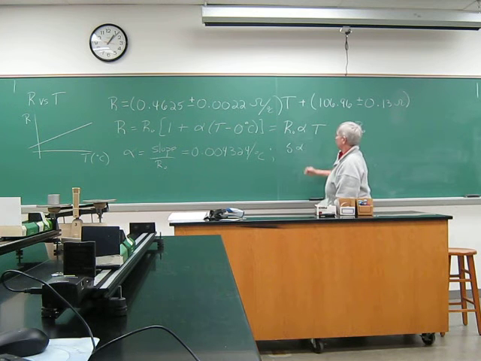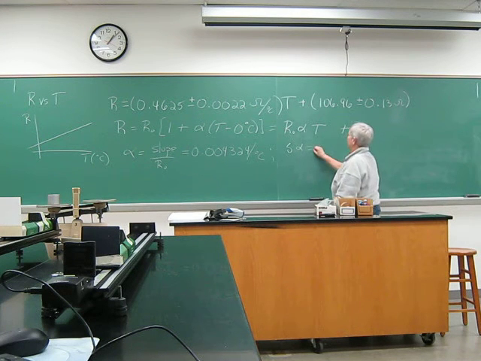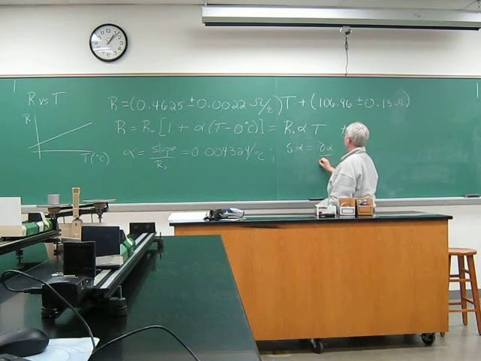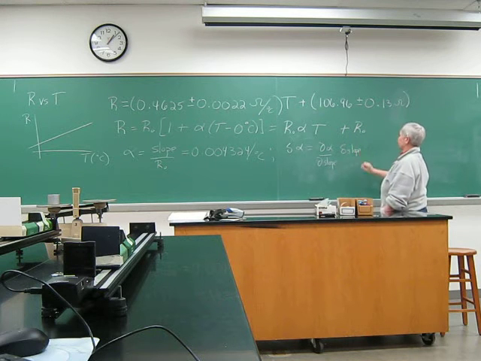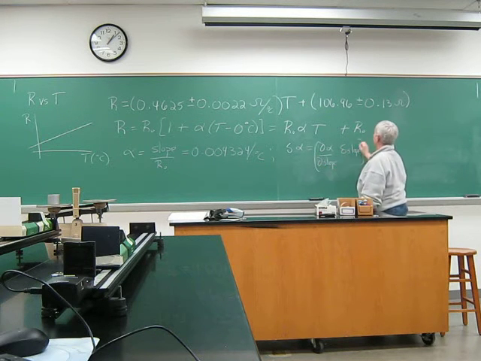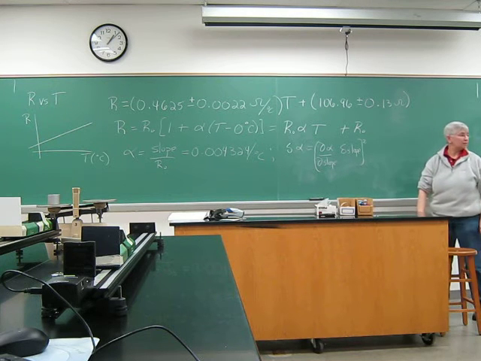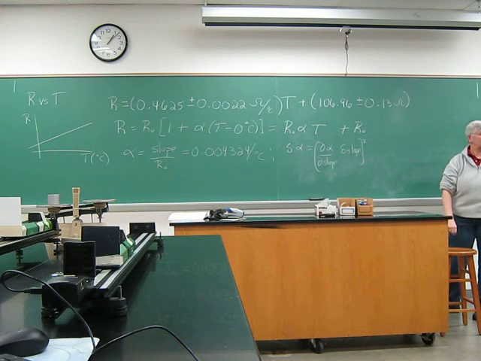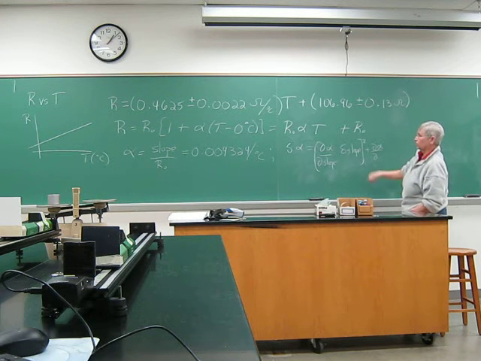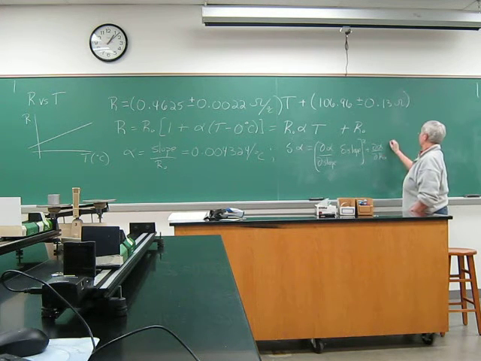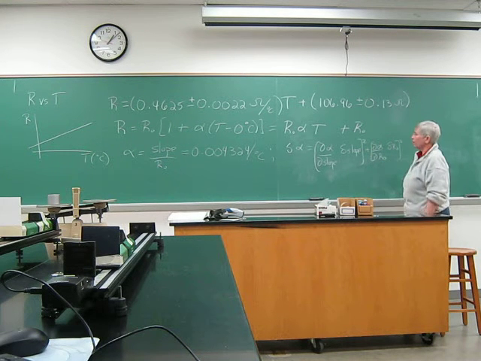So delta alpha is going to be the partial of alpha with respect to the slope times my uncertainty in slope, all squared. Okay. Plus the partial of alpha with respect to R0 times delta R0, everything squared, added.